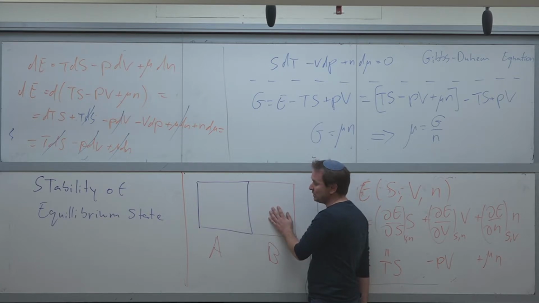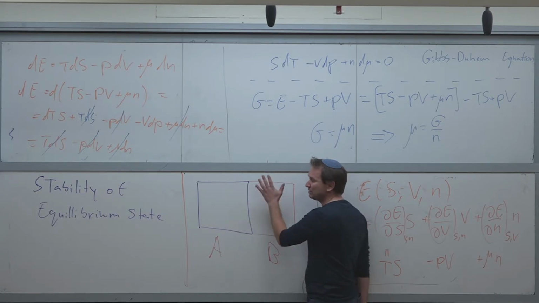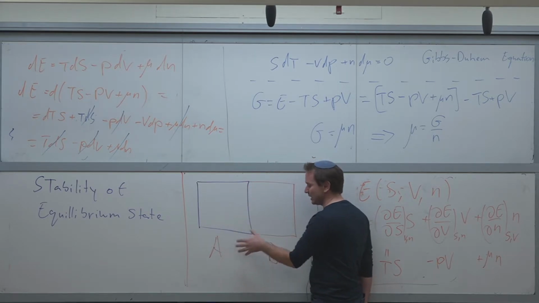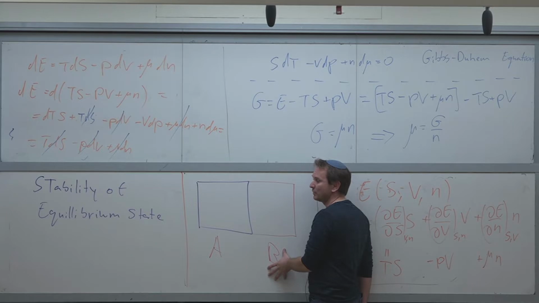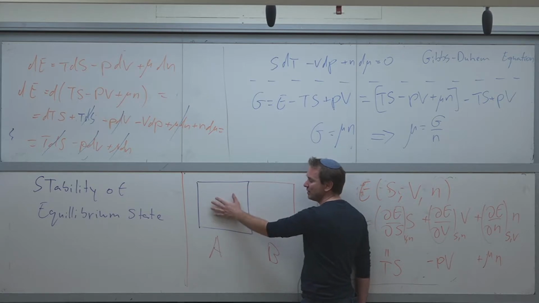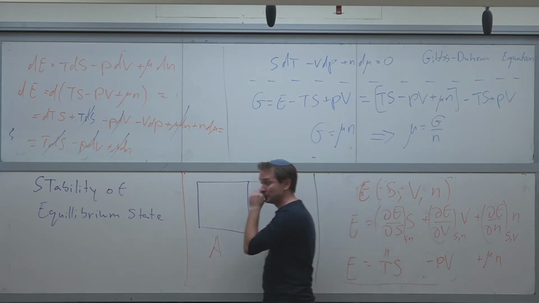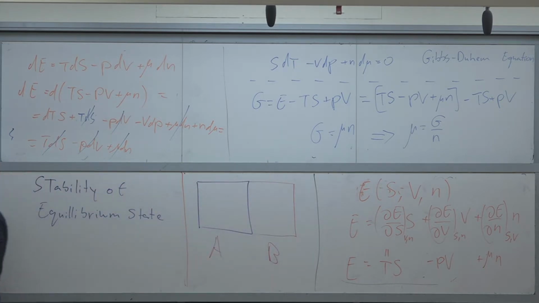I don't want to see flow of matter from system A to system B. I want to observe the system in a stable state, when A is not changing as a function of time and B is not changing as a function of time. There might be some small fluctuations between those systems, but I want the macroscopic state of A to be constant and the macroscopic state of B to be constant. What are the conditions for this to happen?